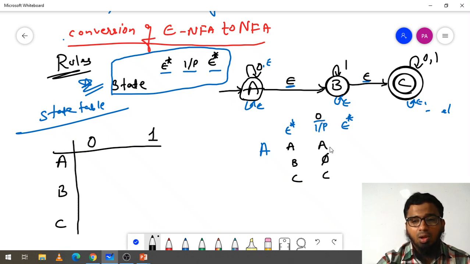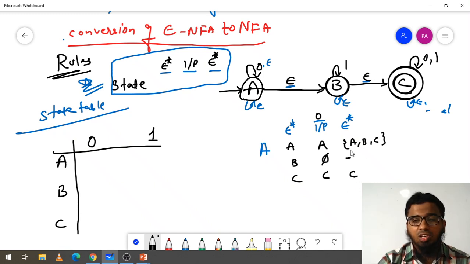Then again we need to do epsilon star. So here, as I just told you, A on epsilon is going to A, B and C. So write A comma B comma C, and B on phi is nothing, empty. C on epsilon is C only.